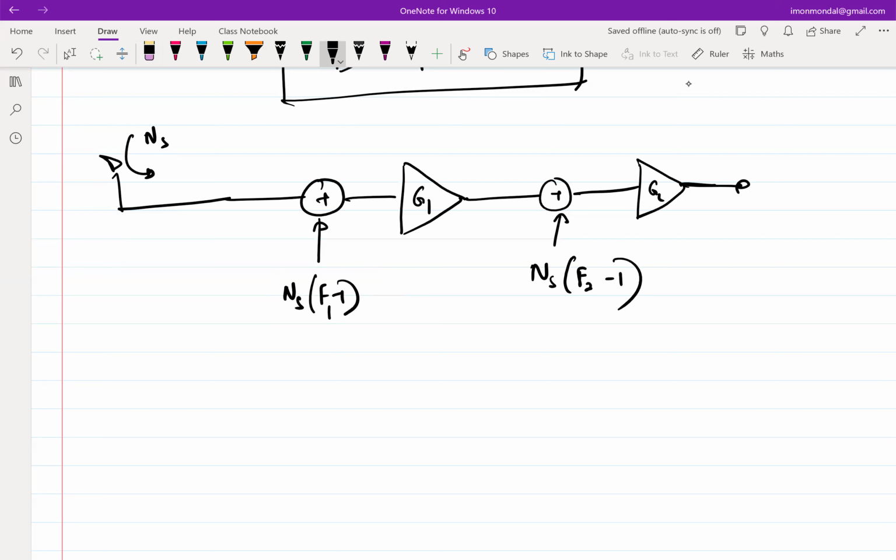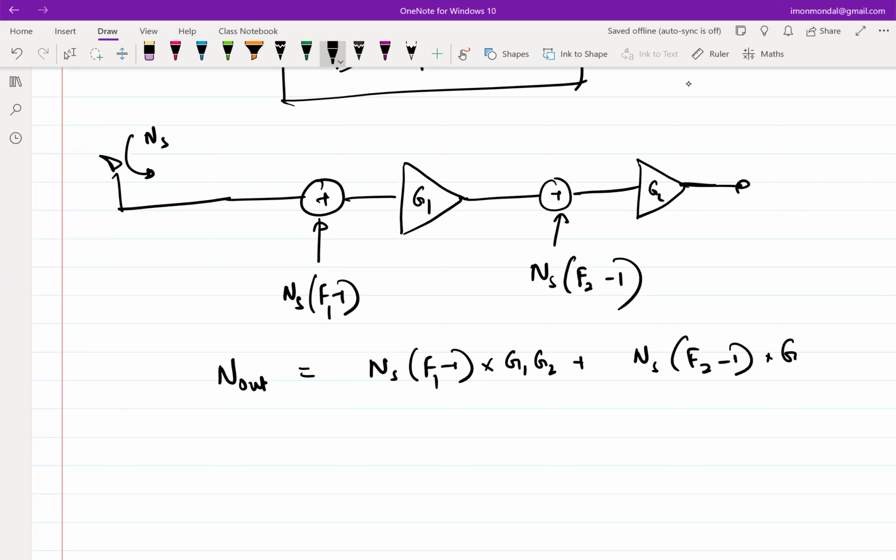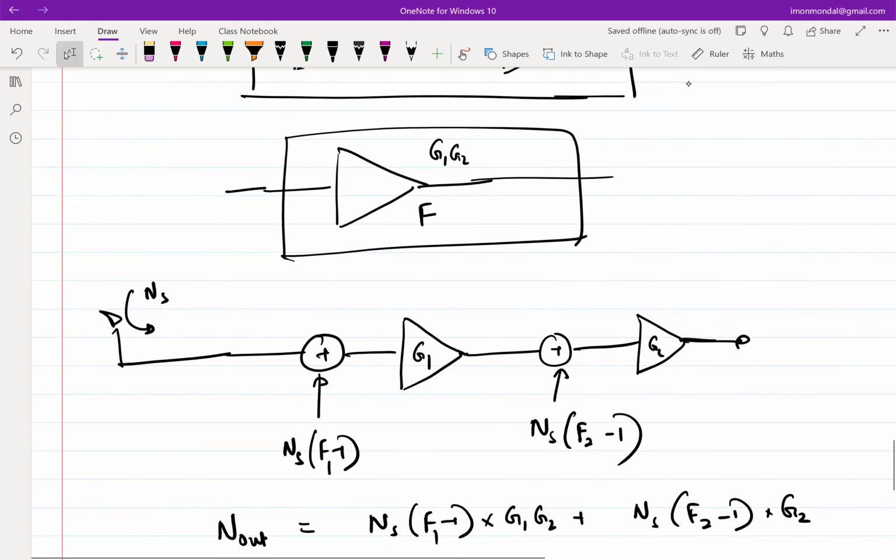So what is the total N out? Total N out is NS times F1 minus 1 times G1 times G2, plus NS times F2 minus 1 times G2, right? So this should be equivalent to this one, where I have NS times F minus 1, and whatever I get at the output.